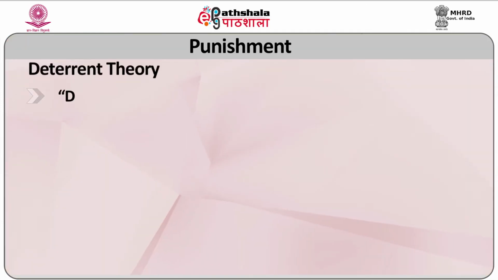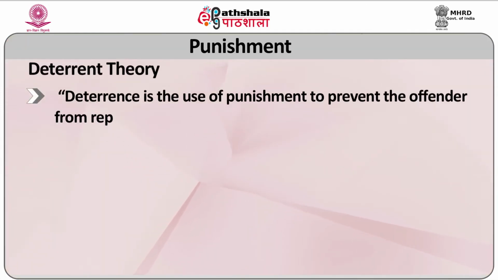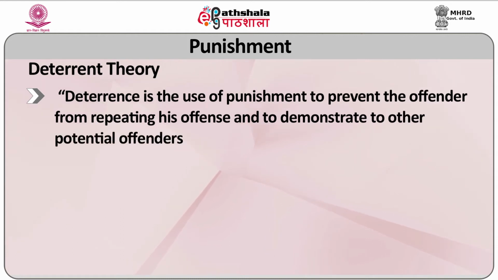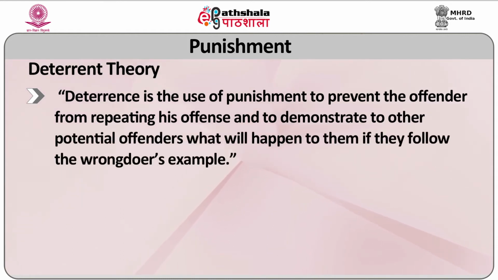In other words, deterrence is the use of punishment to prevent the offender from repeating his offense and to demonstrate to other potential offenders what will happen to them if they follow the wrongdoer's example.